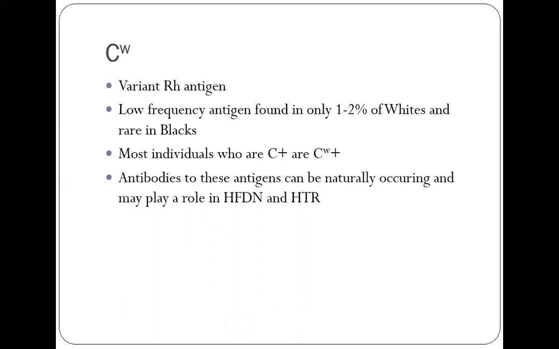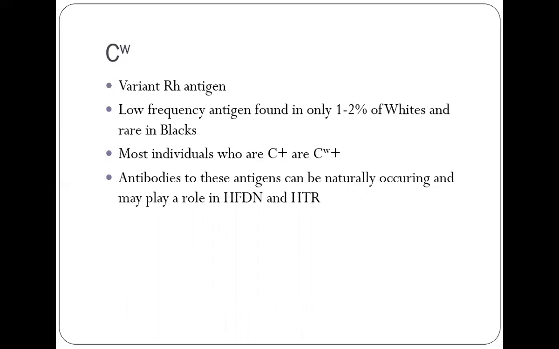Antibodies to these antigens can be naturally occurring, and they are important because they can play a role in hemolytic disease of the fetus and newborn, and they can cause hemolytic transfusion reactions. So those are two key things. I don't know if I've stressed enough that this is what determines the significance of antibodies.